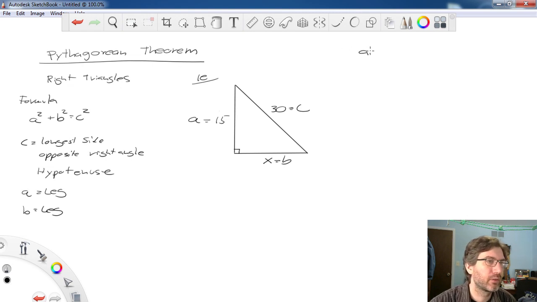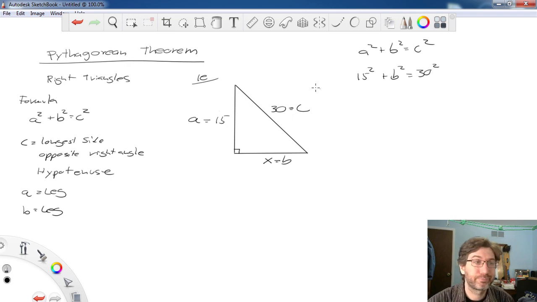We have a squared plus b squared equals c squared. a squared would be 15 squared plus b squared equals c squared, which would be 30 squared. Then you just solve. Go ahead and use your calculator if you get bigger numbers. I don't know why I chose these bigger numbers, but I did.